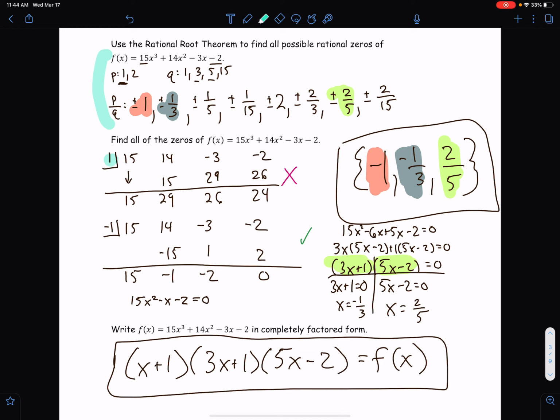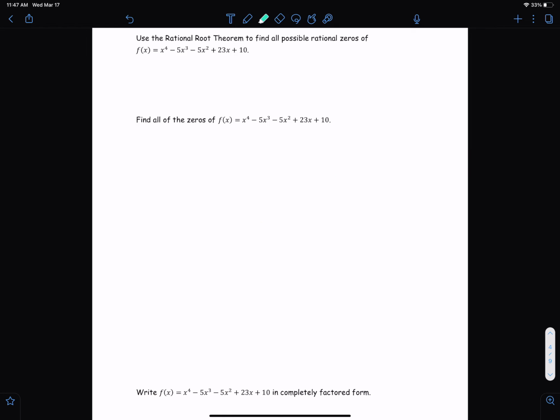So that's why I chose 1 and negative 1, until you find a 0. And then if it breaks down to a quadratic, we can just factor it or use the quadratic formula to solve. If it doesn't, we're going to have to do synthetic division again, which I think is going to be like the one we have coming up here. So let's go to the next page.